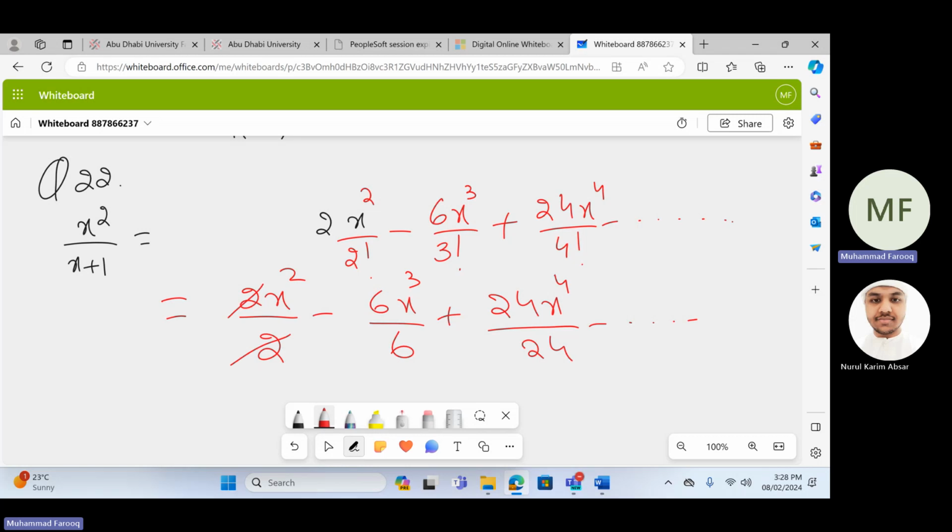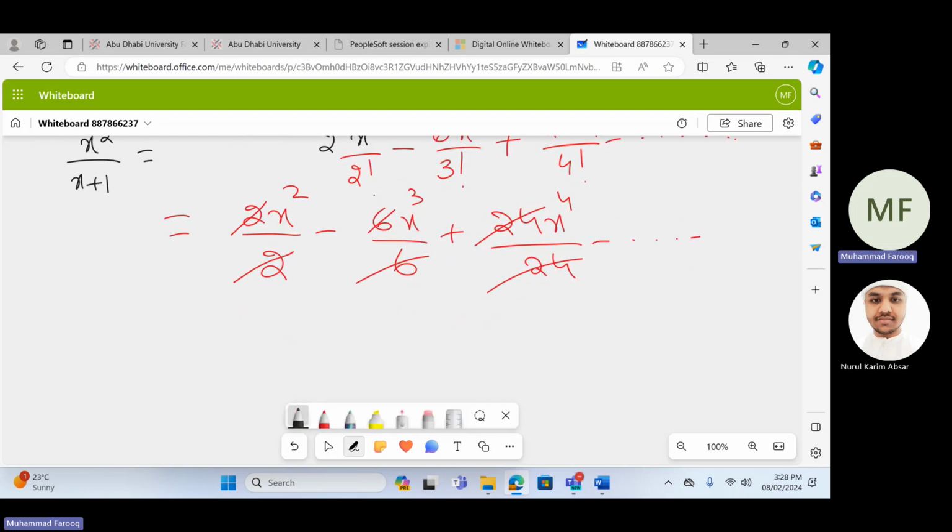We just wrote 1 factorial, 2 factorial, and when we wrote the sigma, it was over n factorial. But here we simplify because my multipliers cancel, that's why. Now this is x squared minus x cubed plus x to the fourth, and then continue.